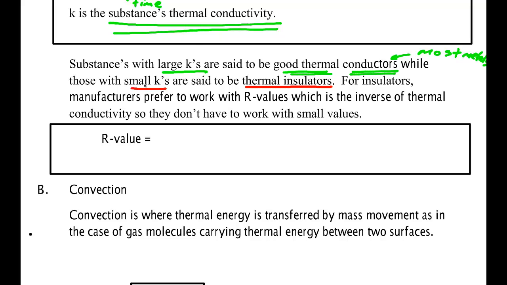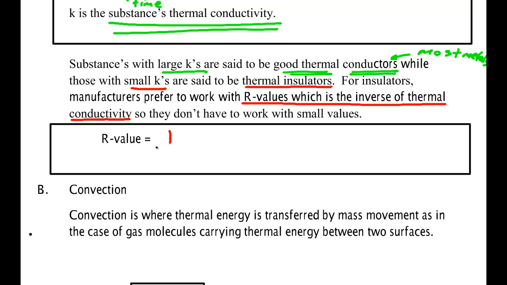Now, working with small Ks is a pain, so instead, most manufacturers who make insulating materials prefer to work with what are called R values. An R value is just the inverse of the thermal conductivity.